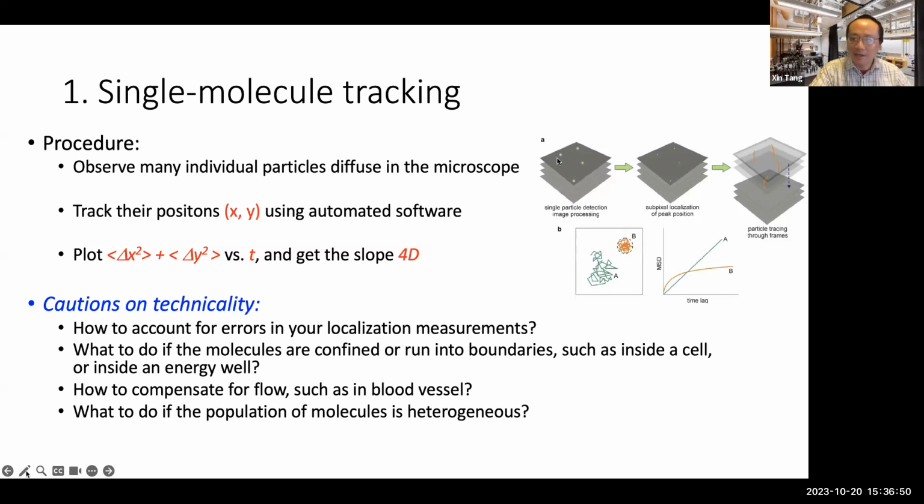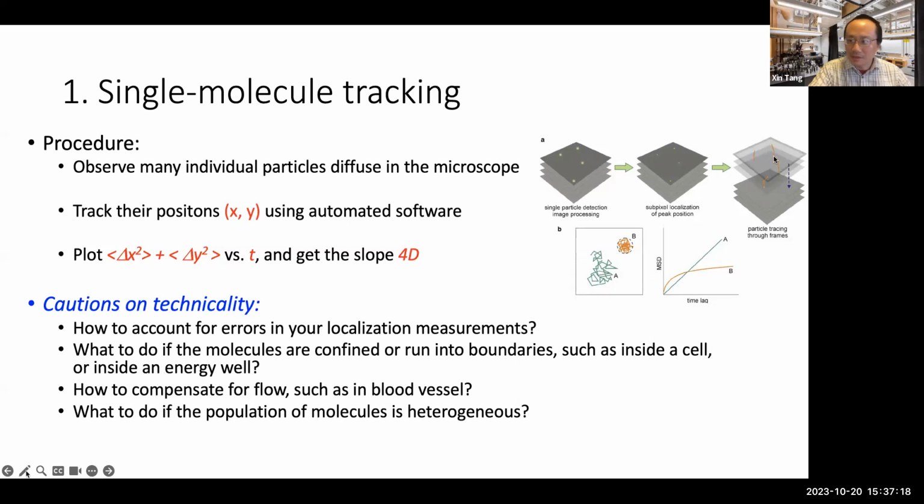By connecting the position of the particle in each frame together, you will form these orange lines. Those are the trajectories. And this tracking and measurement can be automatic. There are many automated software packages developed to do this kind of image analysis and calculation.